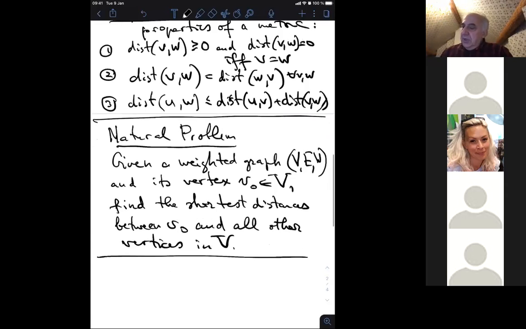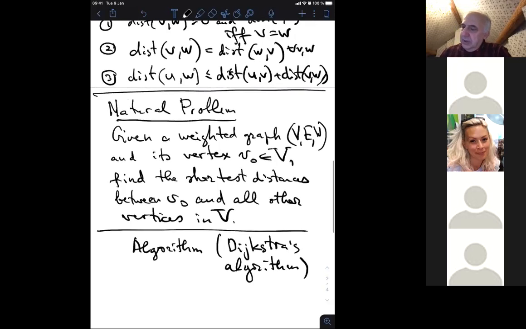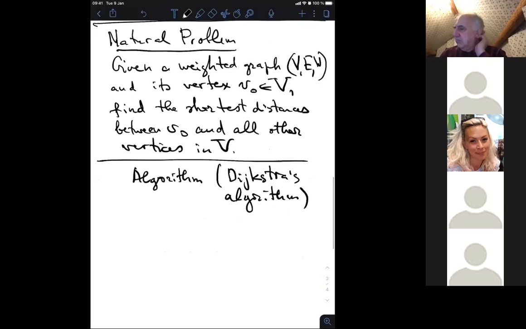Okay, and there is a very nice algorithm to do this, which is due to a Dutch mathematician, Dijkstra. I think it was formulated when I was born, sometime in the 50s, quite an old thing, but it's now implemented in many computer programs.